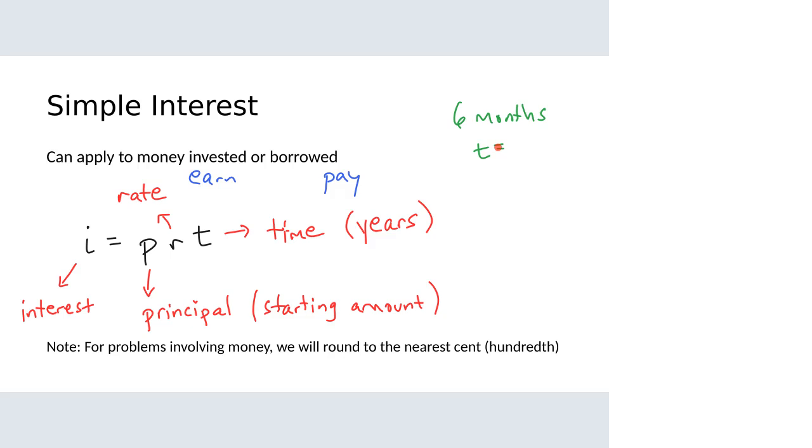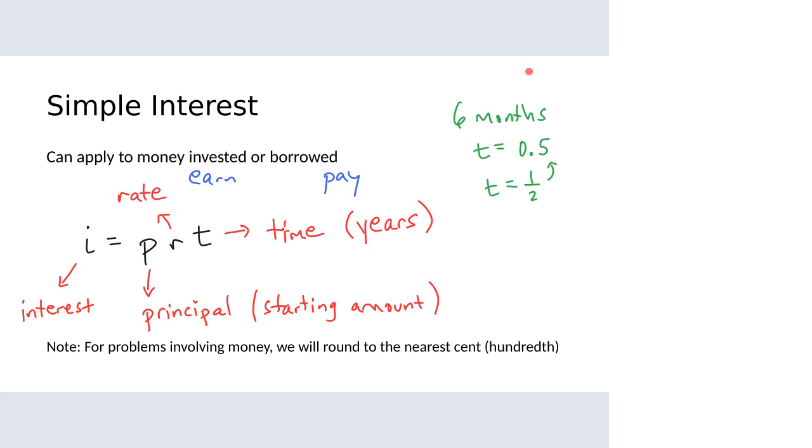Excellent, Kevin. 0.5. That's perfect. We could use 0.5. And if you were thinking, well, it's half of a year, so we would use 1/2, that would be correct also. The first thing that we would do when we go to plug this into the formula would be to convert that to a decimal. So Kevin's 0.5 is exactly the right thing there.